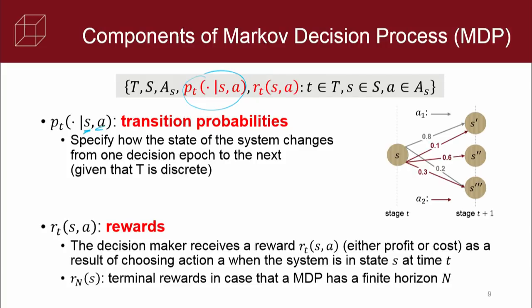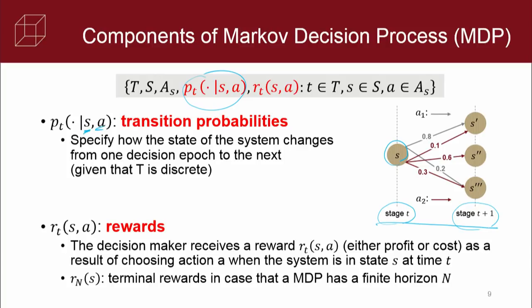Right. So as you see from this figure, let's say the system is in a state S at stage T. Depending on the action chosen, the probability of the state in the next stage may be different.